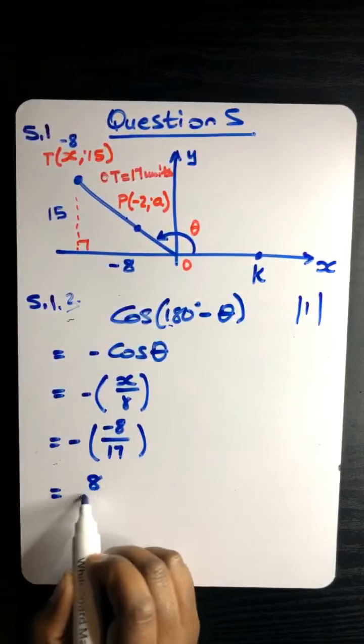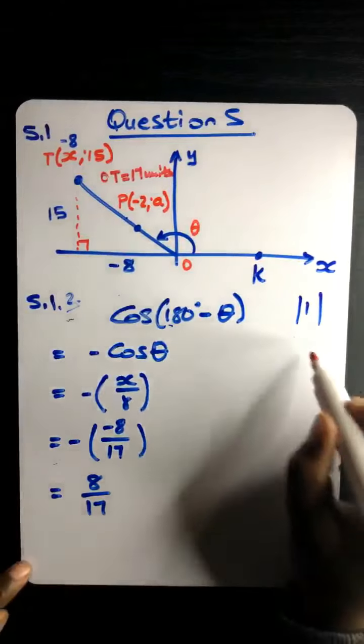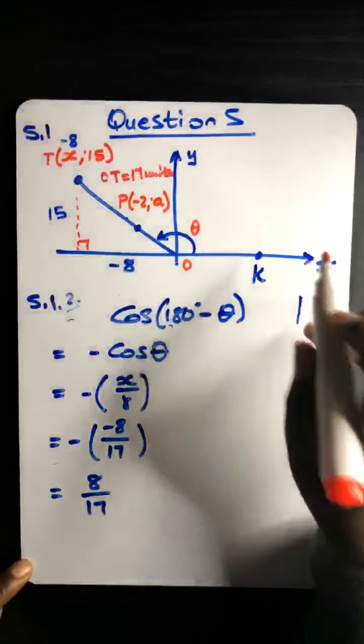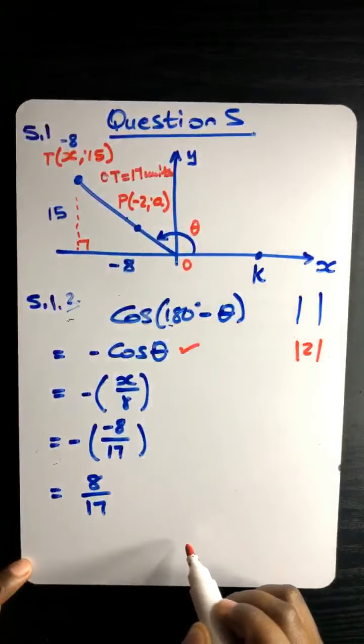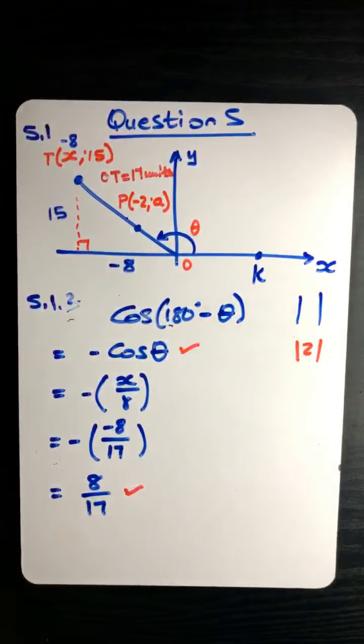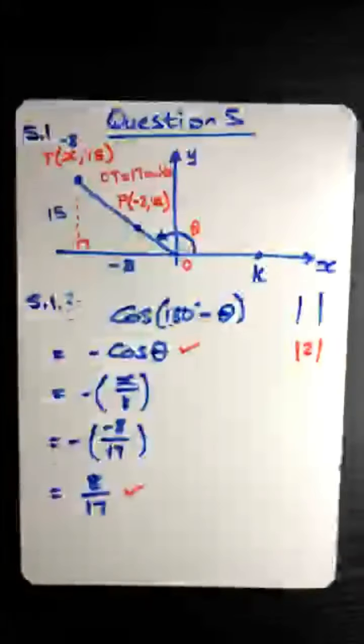Then we have positive 8 over 17. This question was allocated 2 marks, so you are most likely to get your mark for reducing that correctly and also for your final answer. Are you guys happy with that calculation? Yes, sir, we are.